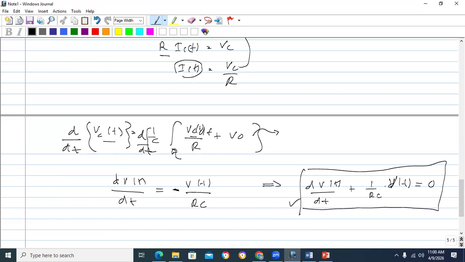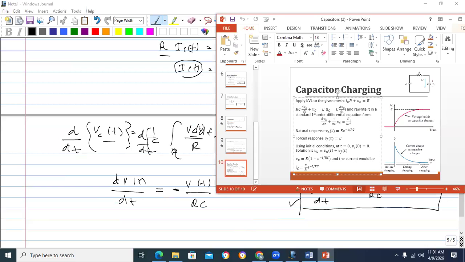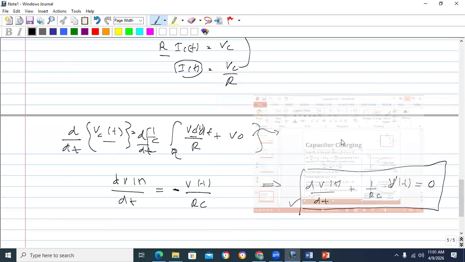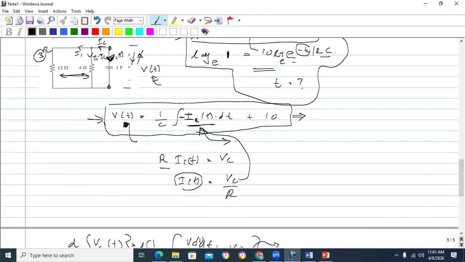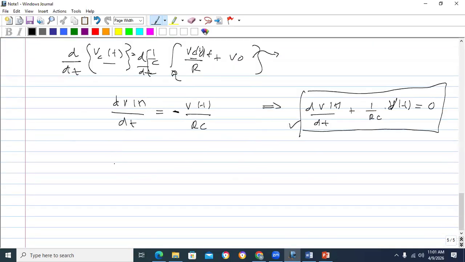You can see that for this circuit, this E will be there. In the same way you can write it, and I think it is easy to write the equation this way. So this is also correct, and you can write like this also. You know that current IC is equal to C dVt/dt.